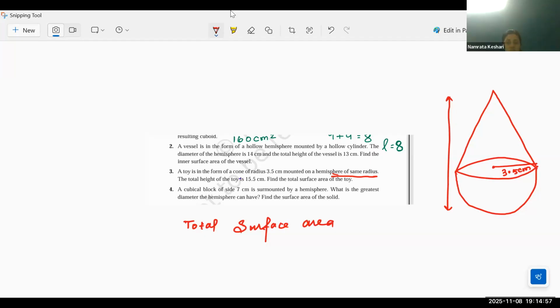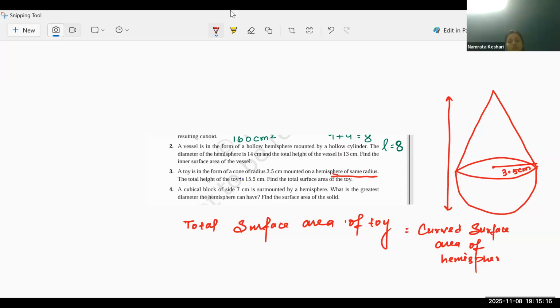Total surface area of toy is equal to curved surface area of hemisphere plus curved surface area of cone.